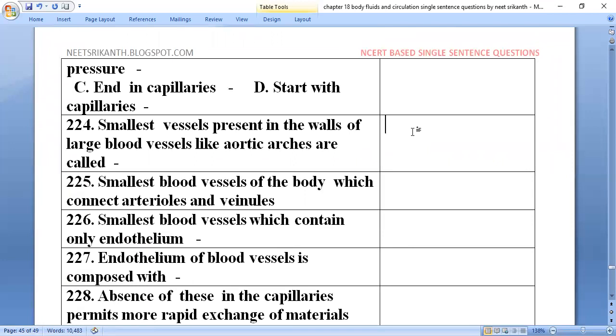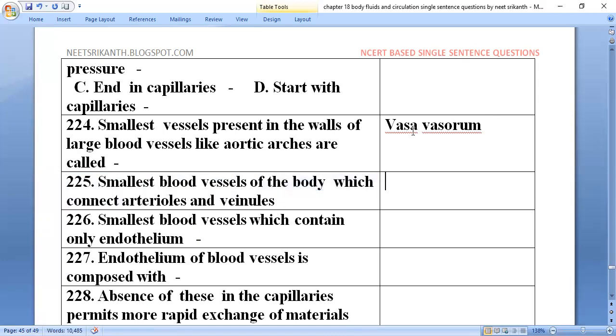Next, the smallest vessels present in the walls of large blood vessels like the aortic arch are called vasa vasorum. This is completely non-NCERT, just for information only. It is the blood capillary supplying blood to the blood vessels themselves.